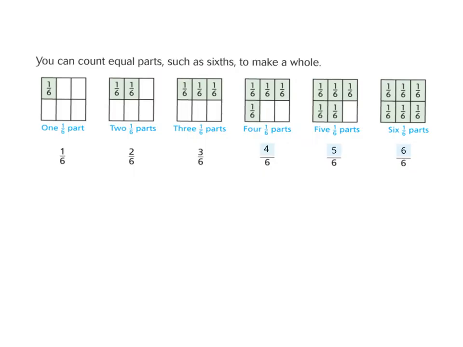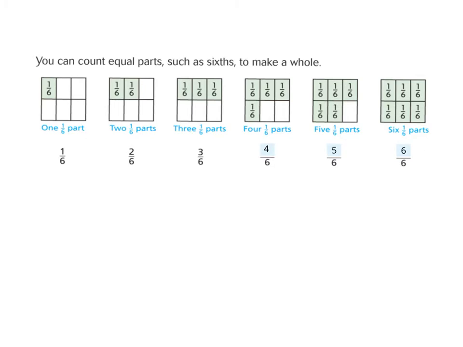You can count equal parts, such as 6, to make a whole. For example, you have 1 1/6 part, 2 1/6 parts, 3 1/6 parts, 4 1/6 parts, 5 1/6 parts, 6 1/6 parts.